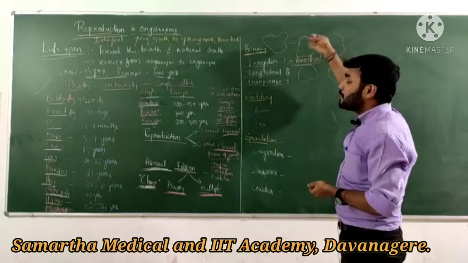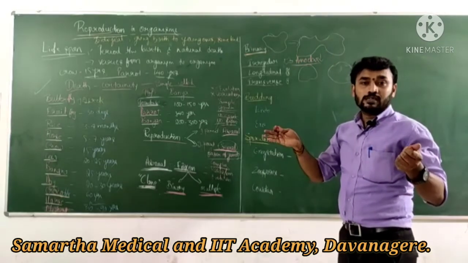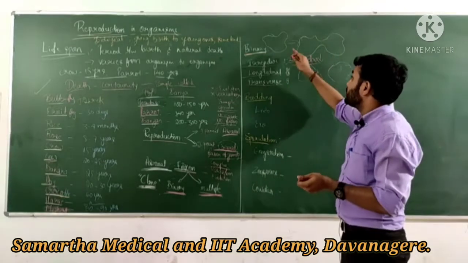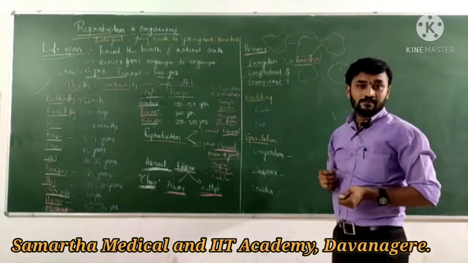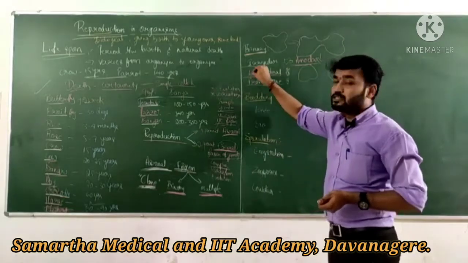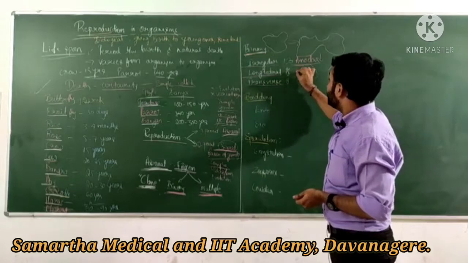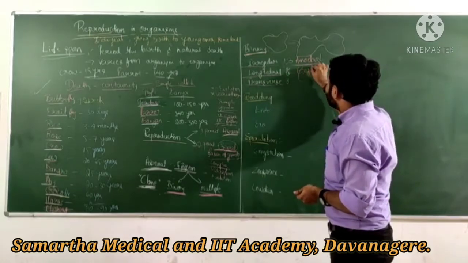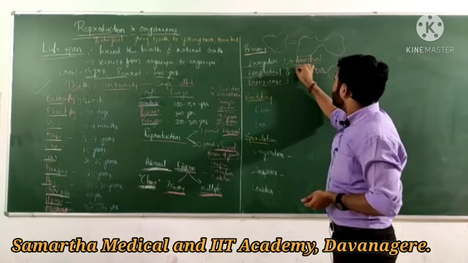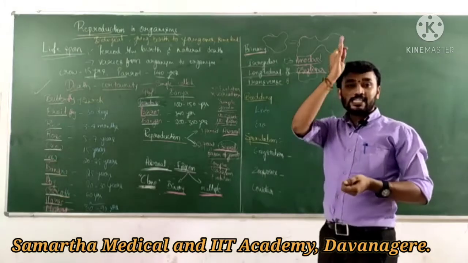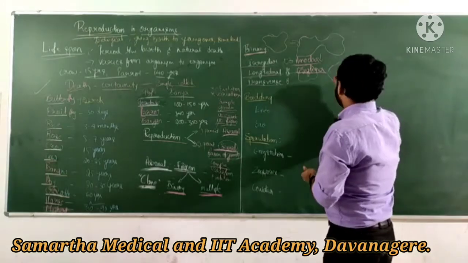There is no particular plane which cuts the amoeba into two cells, and those two cells are only the result of irregular fission. Then longitudinal fission. You can take the example of euglena. So euglena is an example of longitudinal fission.